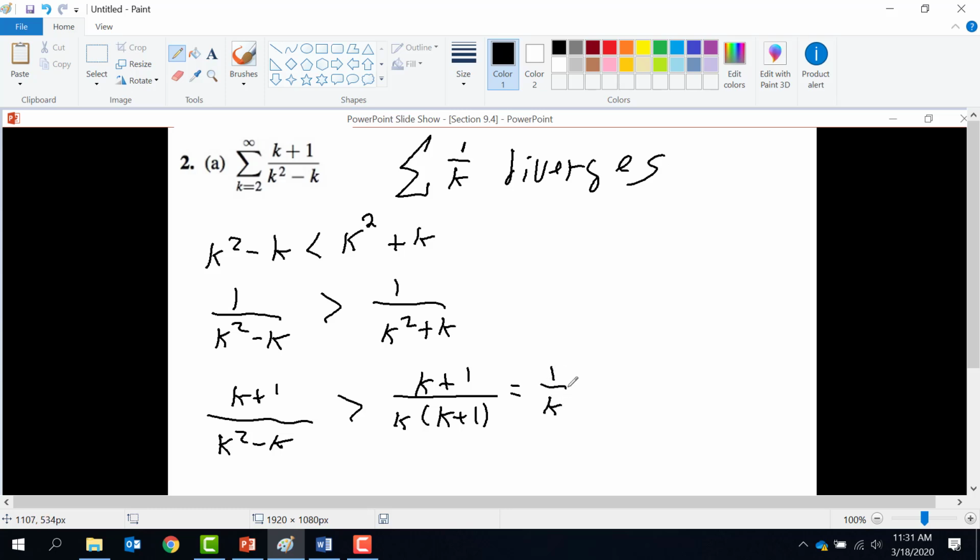And now this cleans up to 1 over k. And so this works out very nicely. We've just shown that k plus 1 over k squared minus k is bigger than 1 over k. The 1 over k diverges. Therefore, the series that I was given also diverges.